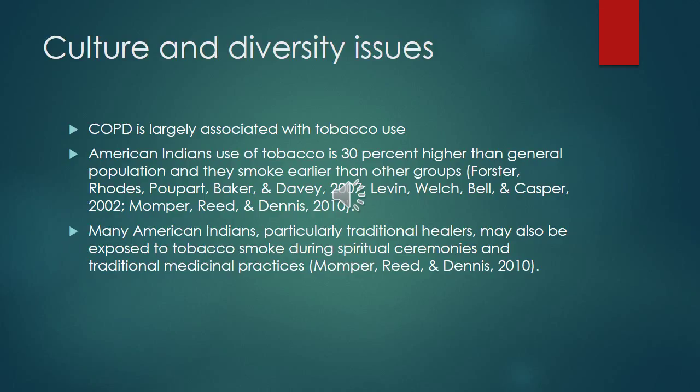Now there are some interesting pushes throughout Native American communities about the appropriate use of tobacco. There's use of commercial tobacco, and as you may know, commercial tobacco sometimes goes through a different process before it's presented to the public for consumption.